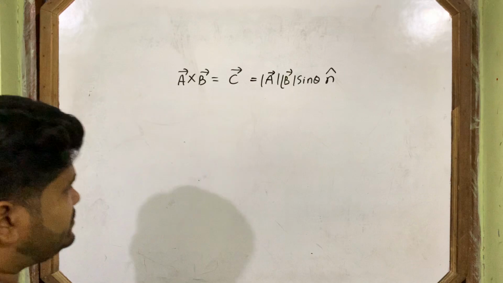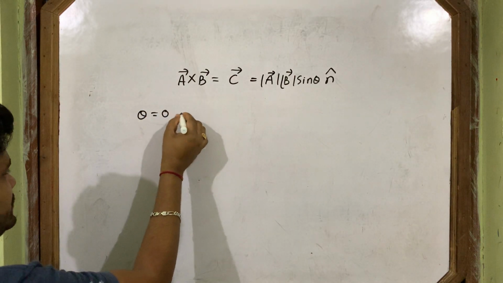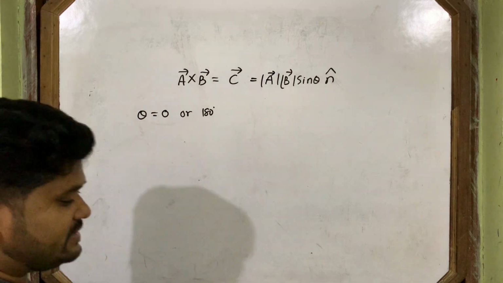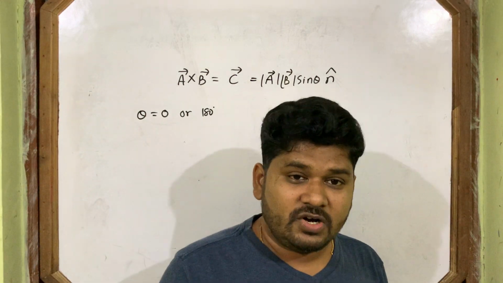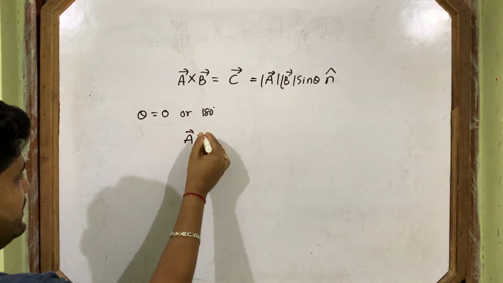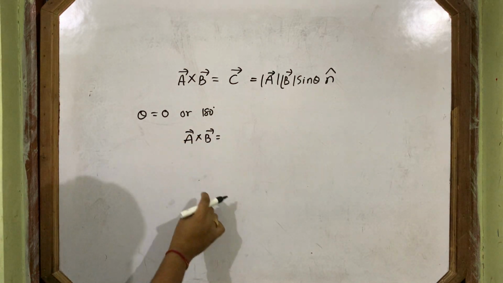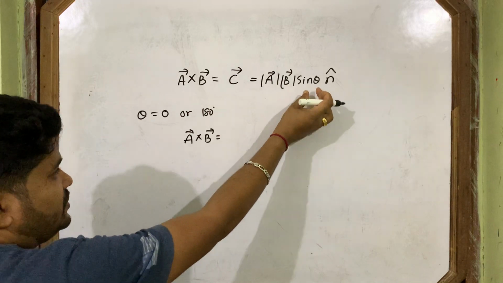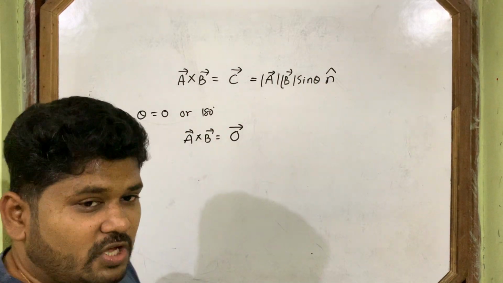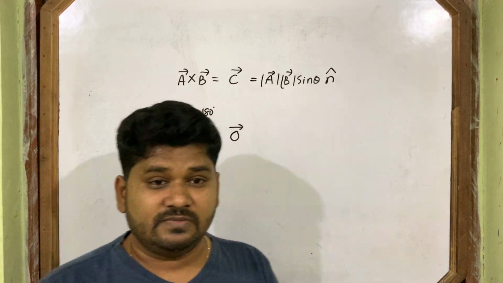Now let's come to theta equal to 0 or 180, meaning two vectors are either parallel or antiparallel. What happens in that case? A vector cross B vector, sin 0 or sin 180, is 0. So it is a null vector.